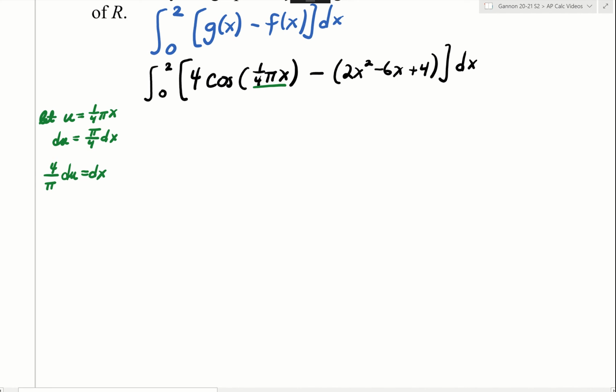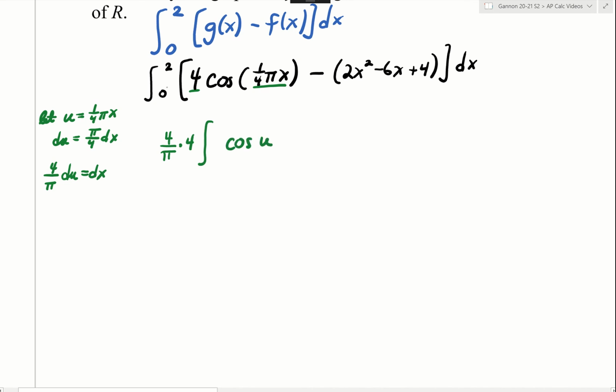All right, so now what I'm going to do is I'm going to end up splitting this up, and I'm going to rewrite this in terms of u. So what that's going to look like is, just kind of bear with me for a second. You've got this 4 over pi that's here. I'm going to take that 4 out as well, so times 4. And then it's going to be times the integral cosine of u.